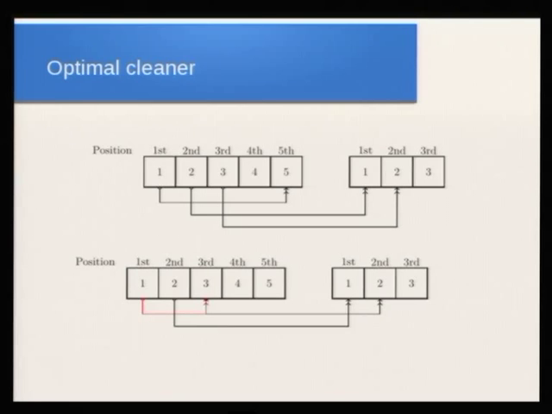So for example, here, if you switch position 1 from cleaning position 5 to cleaning position 3, we see that this length has decreased, right? So that is the farthest. Always choosing the farthest position is the optimal cleaner.